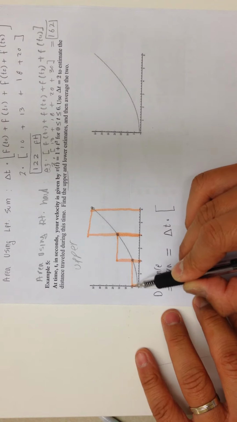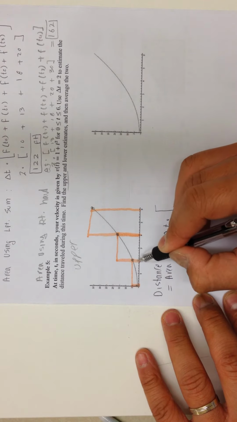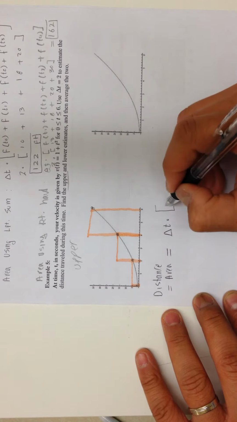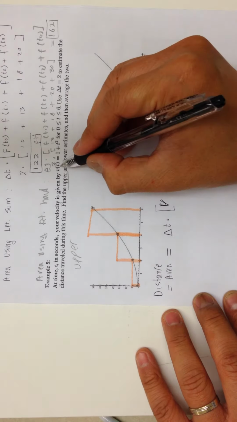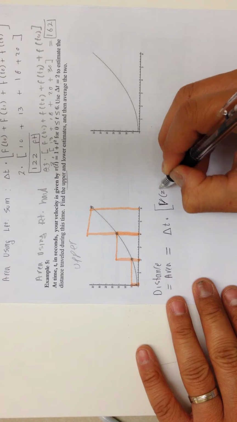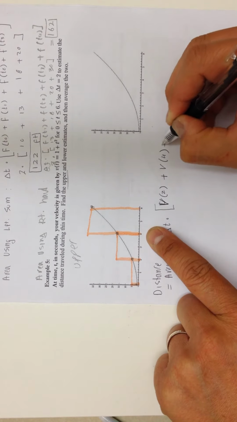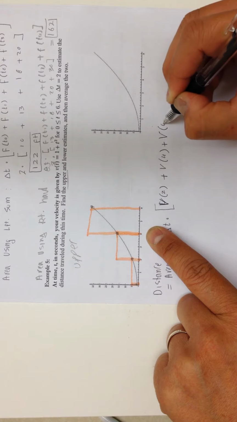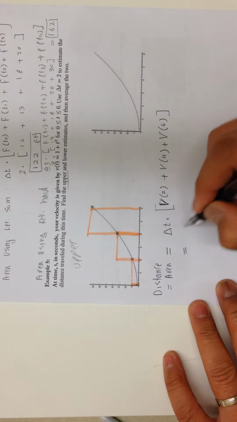You're leaving out this first point because this rectangle has a width which is the same as f at 2. So you go f, or in this case v, I'm sorry, because we're using the v function. So v at 2 plus v at 4 plus v at 6. The change in t is 2.